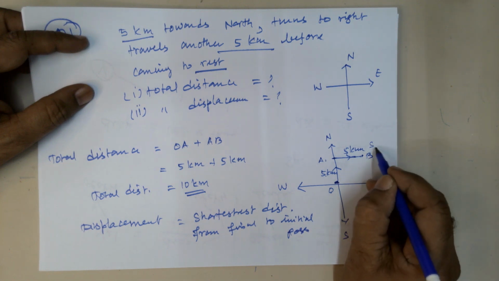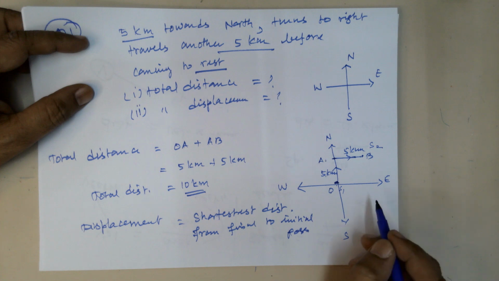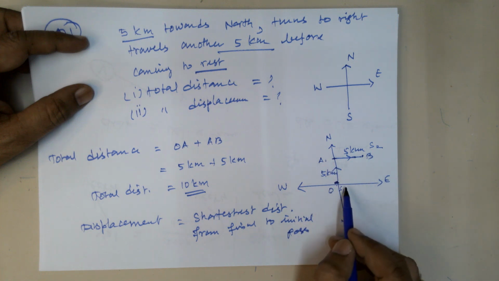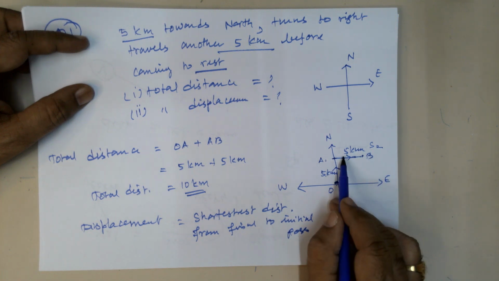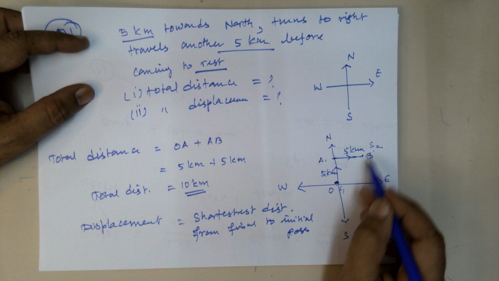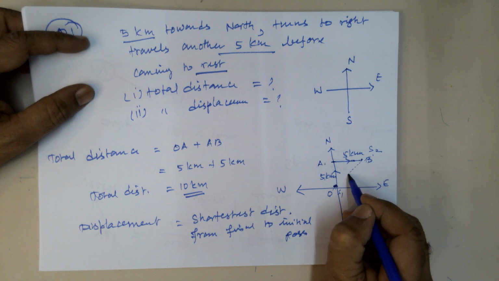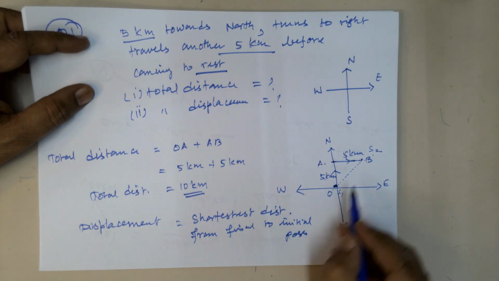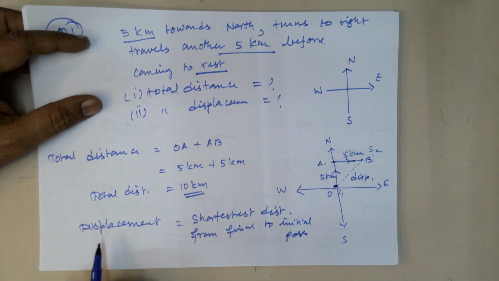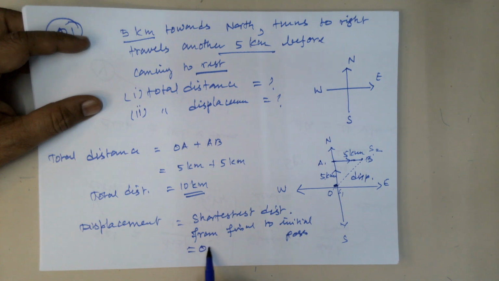Let me call it S2, final position. This is S1. So S2 minus S1, is it not? This is the shortest distance between these two positions, is it not? So this is displacement. Therefore, the displacement is what? This is nothing but OB.